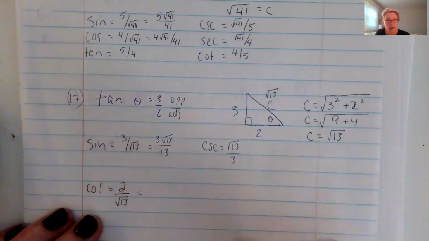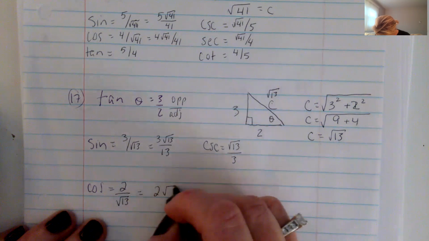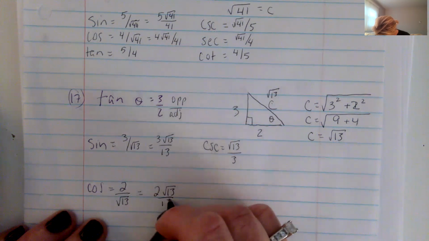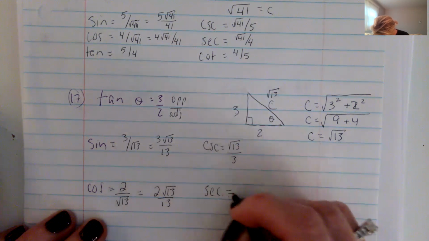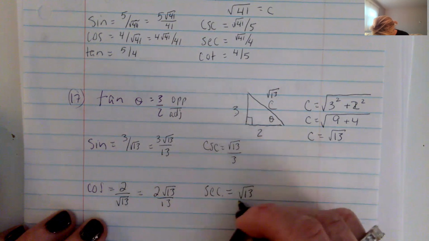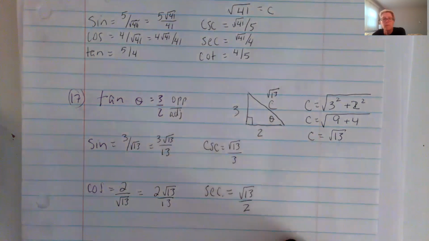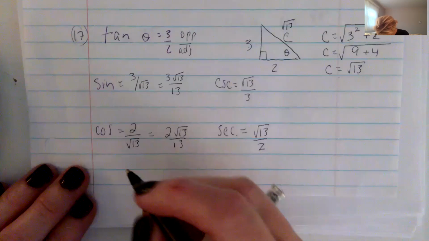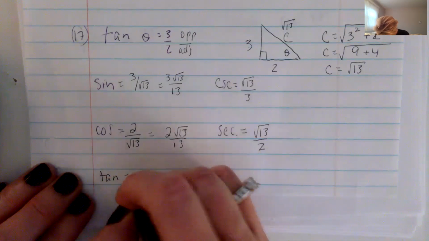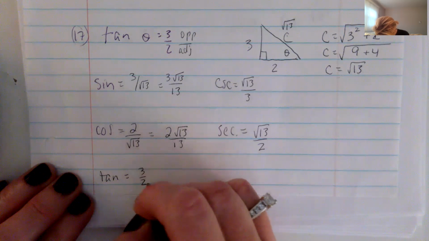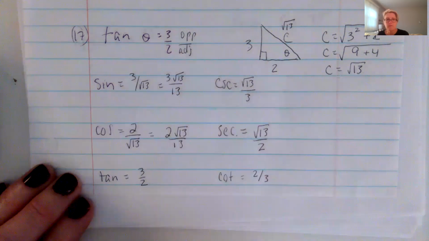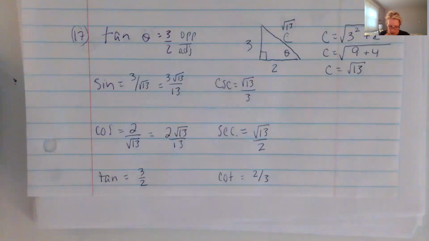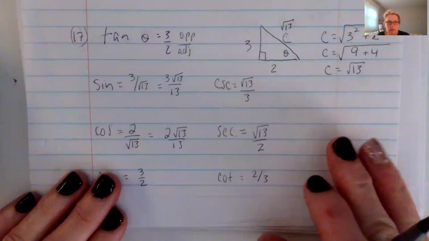And when we rationalize that, it's going to be 2 square root of 13 over 13. So secant is equal to the square root of 13 over 2. And tangent they gave us, which is 3 over 2. So that means that cotangent is 2 over 3. See, they're fun once you get the pieces.